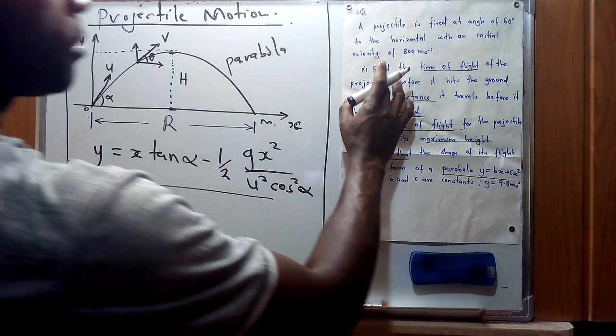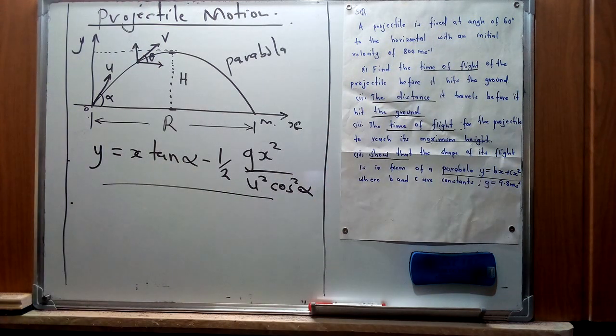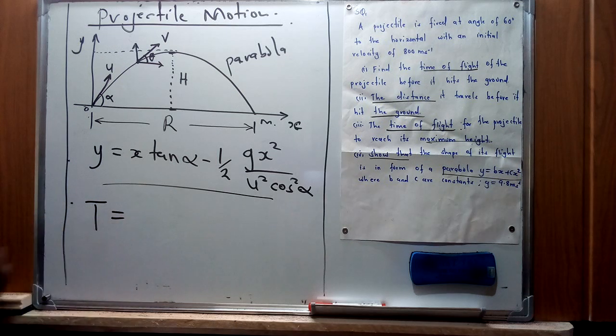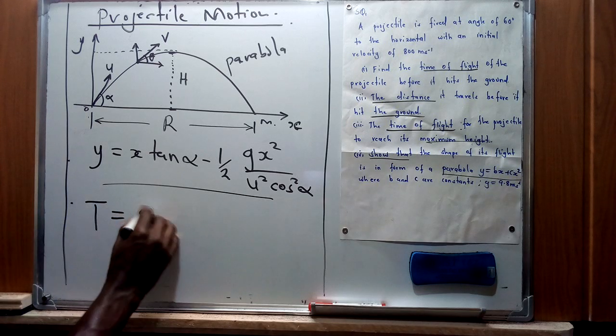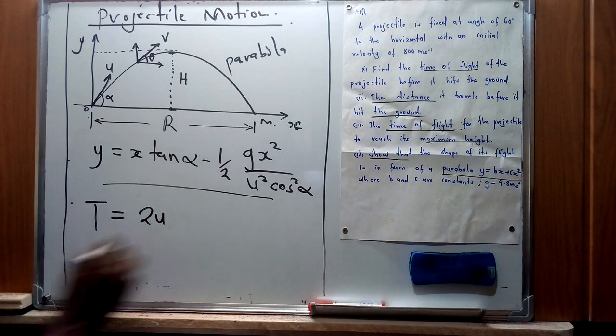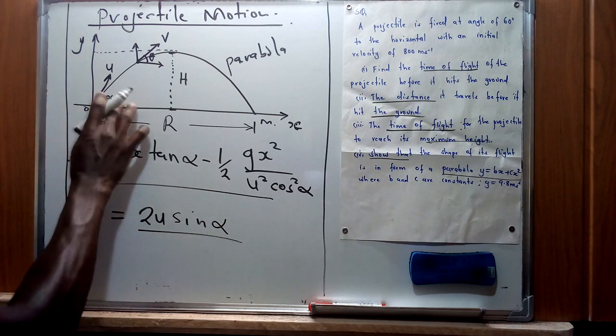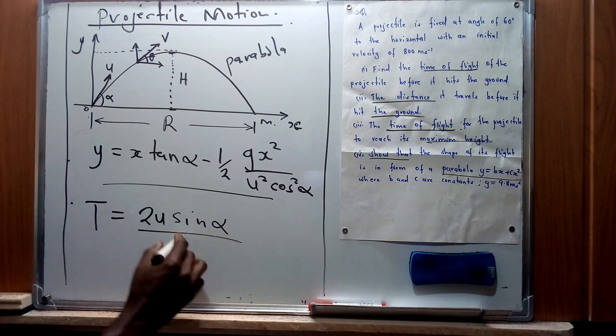Now our first question requires us to find the time of flight, represented by t. Without going into the derivation of this formula for the sake of space, I just quote it: t equals 2u, where u is the initial velocity, sine alpha, this specific angle, divided by g.